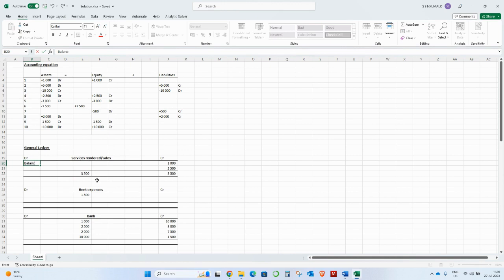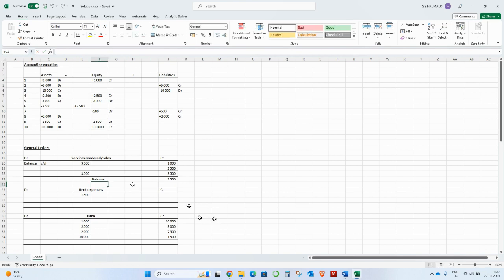Then here, because this side is short now of 3.5, you put the 3.5 here because it's short of that, and then we call this a balance carried down. You then also take that same balance to the next credit side to say, okay, this is a balance that we're moving forward with, 3.5. Then your account is done.